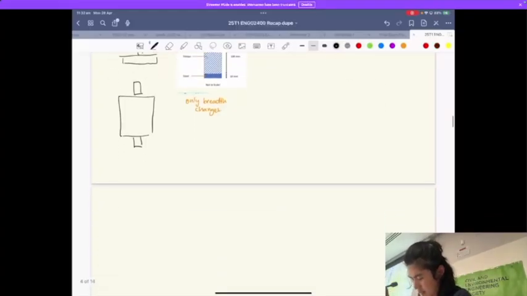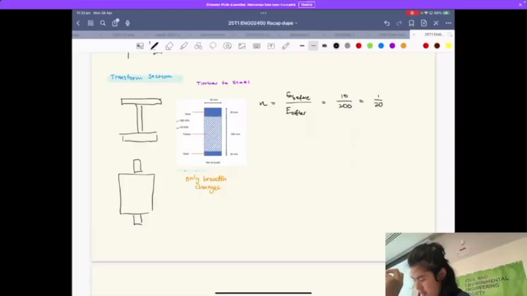For a recap, this makes it so the breadth of the section changes by 1/20. It's not that all of the elements do. If we're doing timber to steel, this section is the timber part.